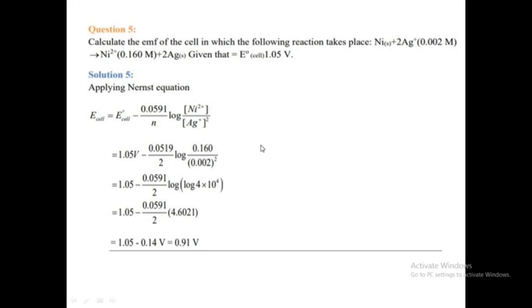So in this question we have used the Nernst equation to determine the EMF of this cell when the standard electrode potential is given along with the concentration of the reactants and products.